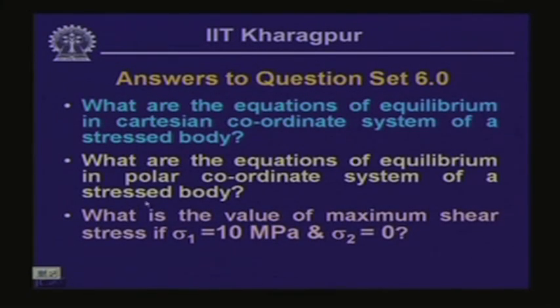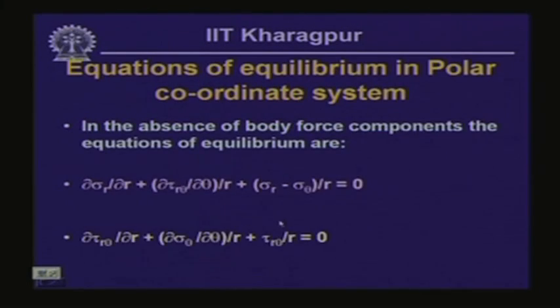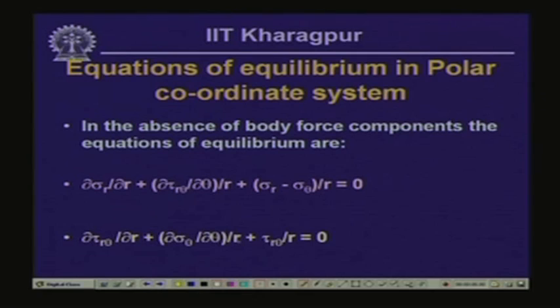The second question posed was, what are the equations of equilibrium in polar coordinate system of a stressed body? Now, this particular aspect was discussed in the sixth lesson of module 1, wherein we had defined the stress components, the radial stress sigma r, the circumferential stress sigma theta, and we had seen how to derive these equations of equilibrium.